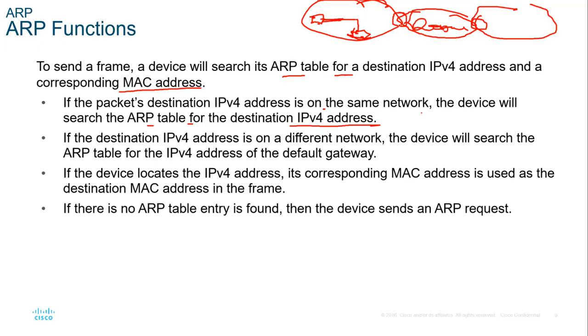So it will try to look for the default gateway so that it can find the way on how to exit. If the device locates the IP address, its corresponding MAC address is used as the destination MAC address in the frame.